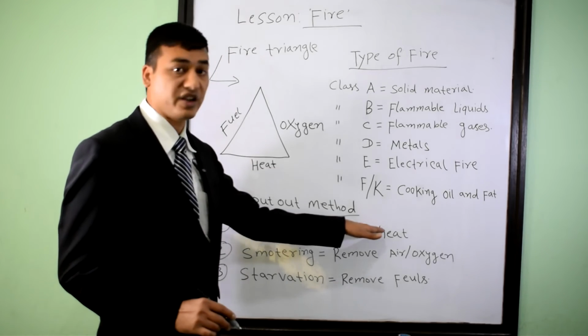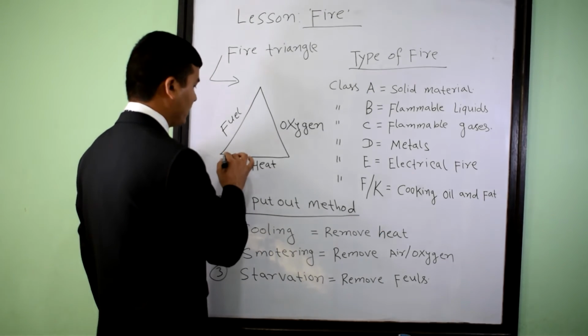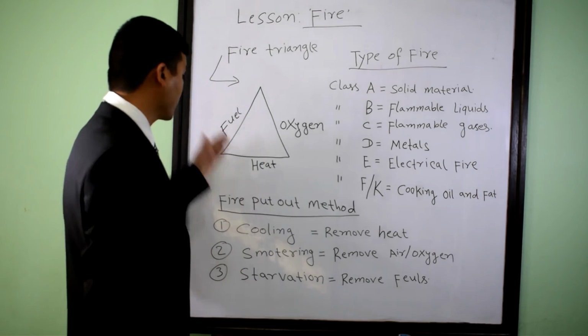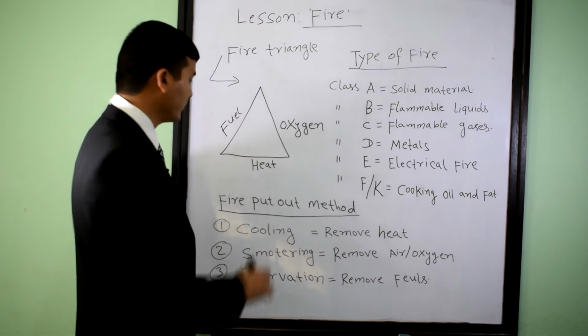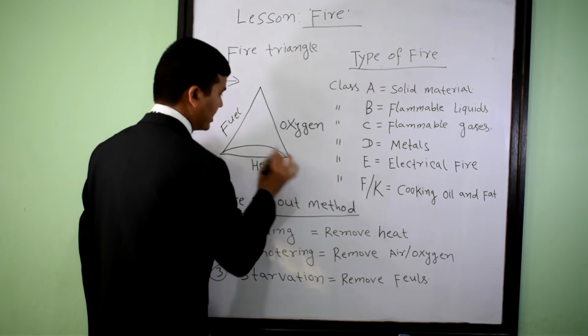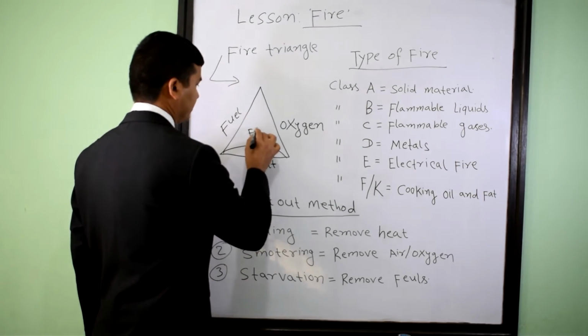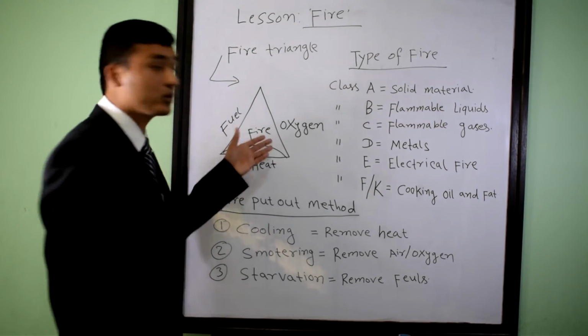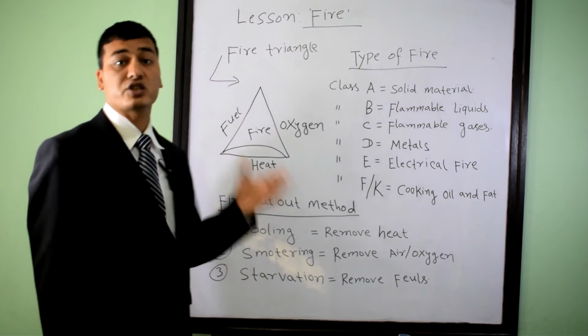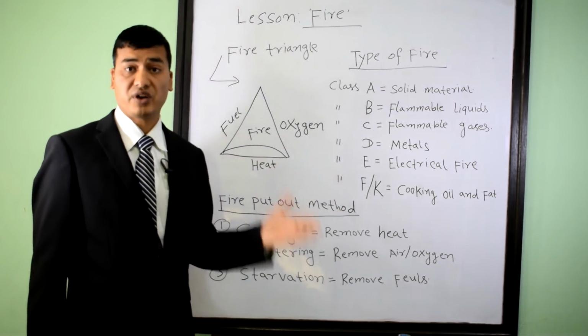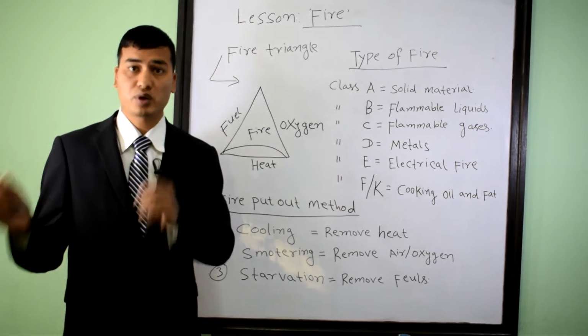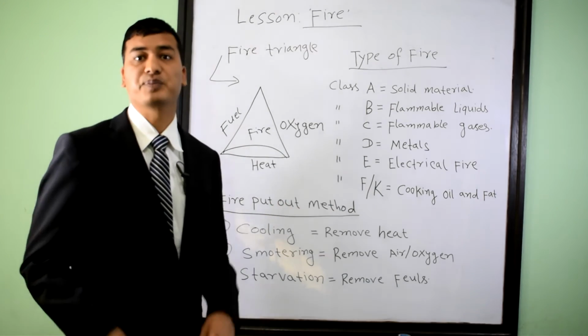If we remove the heat, here are the 3 elements of fire: fuel, heat and oxygen. If we remove the heat from the fire, then it will stop. It is the general method. If there is a fire, people start to bring water and throw it on the fire.